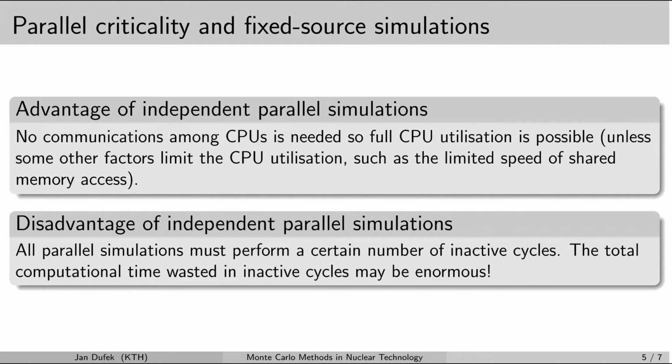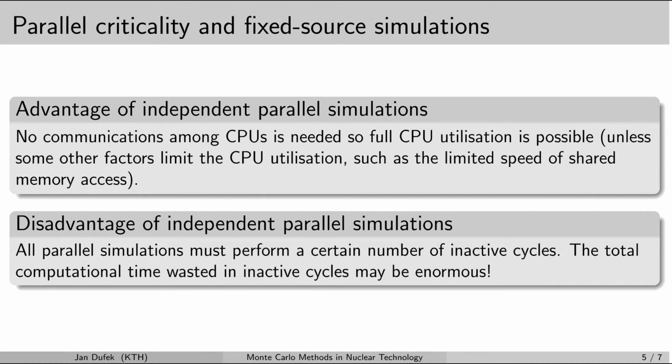So the real strength of this approach is when your fission source is already converged at the beginning of the simulation. So it makes sense to converge the fission source on your local computer and then use it for the parallel simulation on a supercomputer, in which case you can use this approach of running independent parallel simulations.